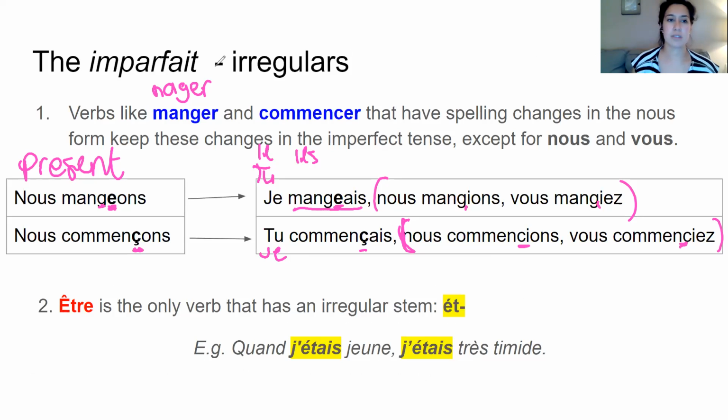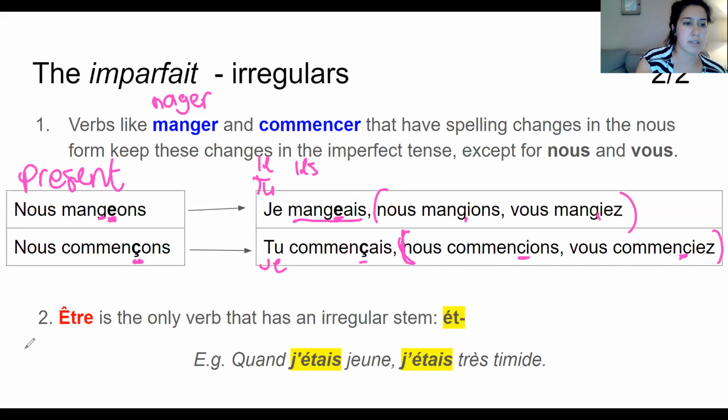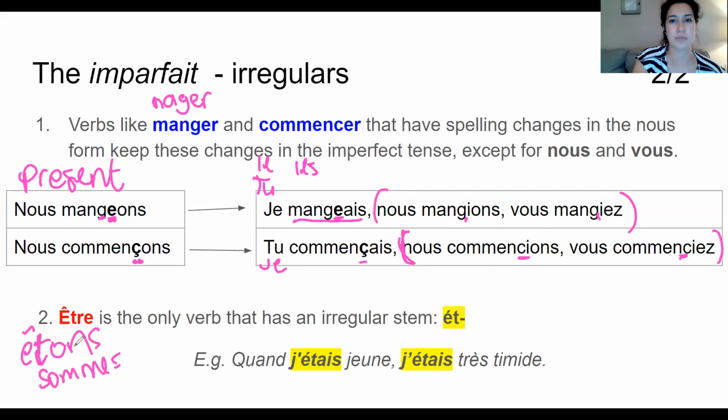It's the only one. So it's not like we start with the stem, because in the original it would be nous sommes. So it just doesn't work. It's just irregular.